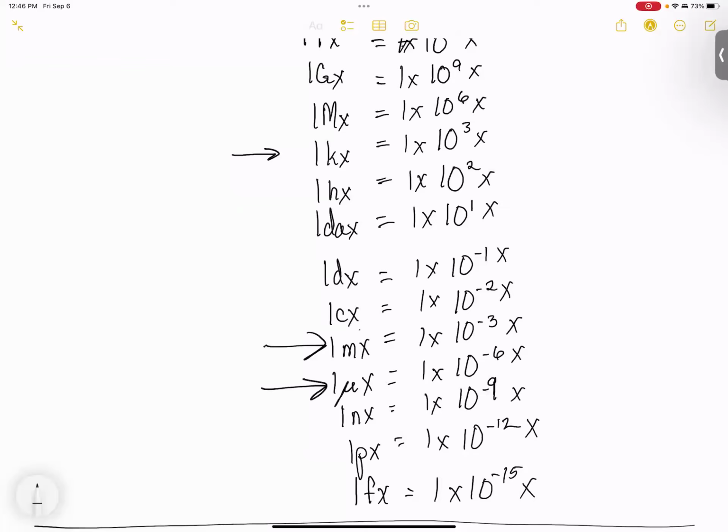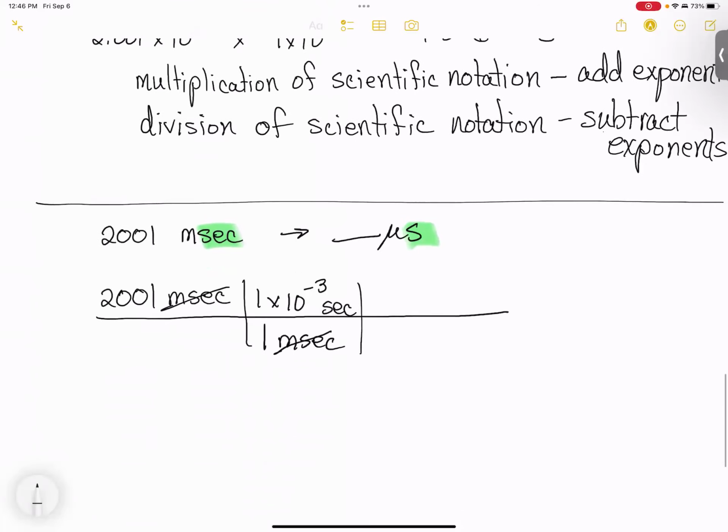So in this case, 1 times 10 to the minus 6 seconds goes in the denominator and the microsecond in the numerator, because again, I want the units to cancel out. Did that answer your question?